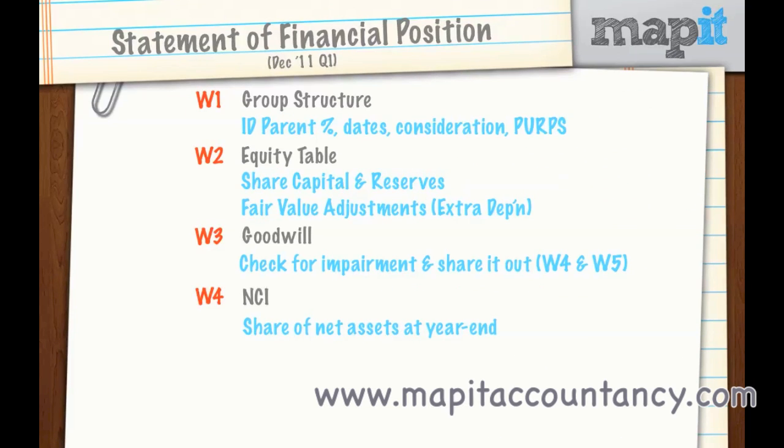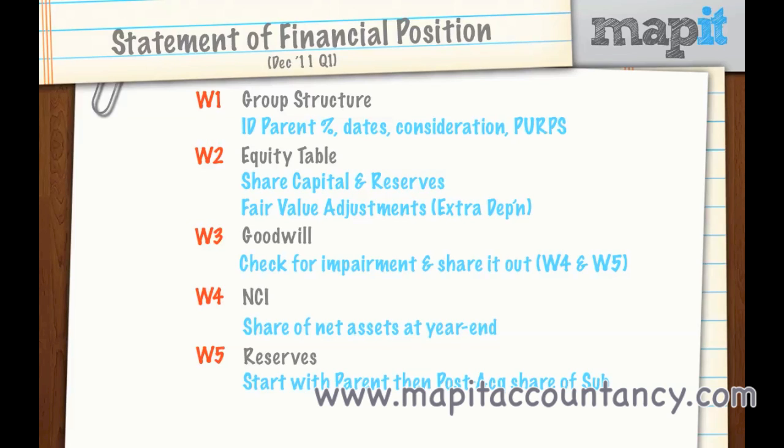We're now nearly there, so what we need to finish this off is a working 5. And working 5 is our reserves or retained earnings. So we always bring in the parent's reserves from the question. We look at the statement of financial position given to us in the question, and we bring in the retained earnings of the parent at the start.